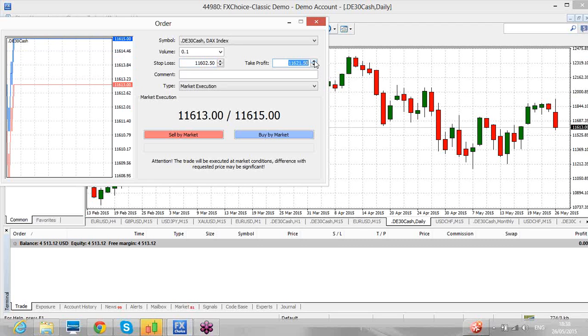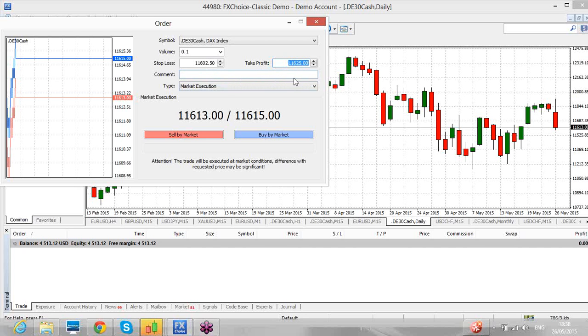At the moment it's 11615. Now this here is our risk reward ratio. We set it at 11625. So here we have a 1-to-1 risk reward ratio. We're risking 10 points to gain 10 points.